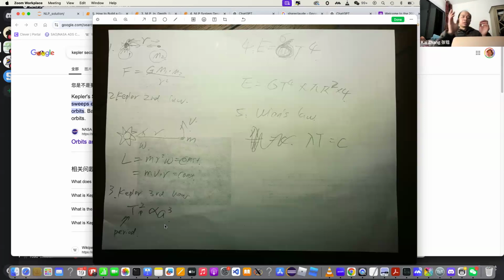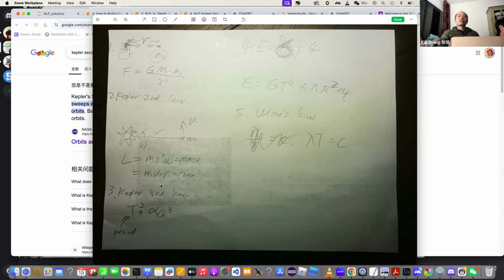But if you move the Earth 4 times closer to the sun, then it would be 1/8 of a year, which is like 40 something days, about 1.5 months.